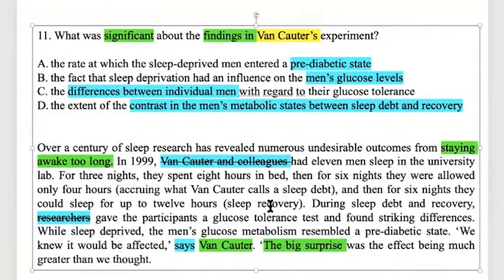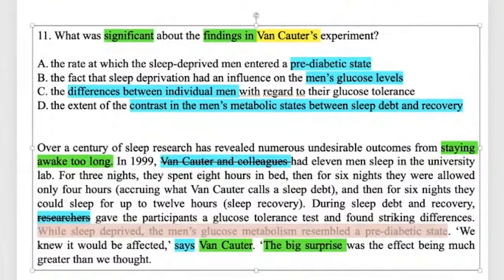The extent of the contrast in the men's metabolic states between sleep debt and sleep recovery. During sleep debt and recovery, researchers gave the participants a glucose tolerance test and found striking differences. While sleep deprived, the men's glucose metabolism resembled the pre-diabetic stage. This is the previous sentence, right?